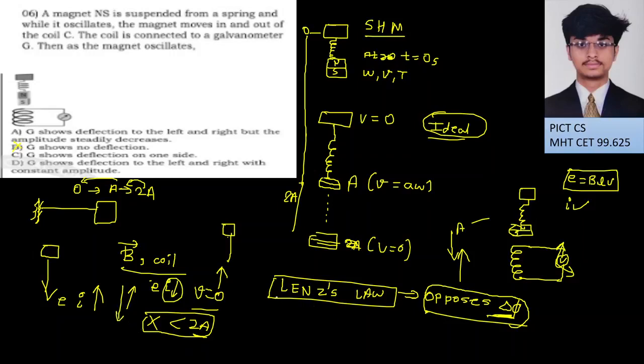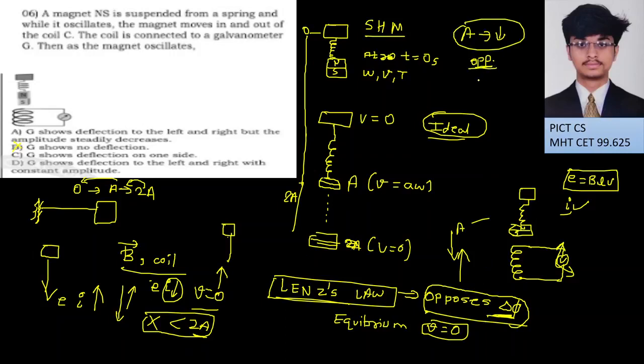Basically, Lenz's law says it doesn't want any change in flux, it wants the system to be in equilibrium. As soon as the velocity becomes zero, there will be no change in flux, no EMF induced, and no current induced. So this is what the question states. We clearly saw that the amplitude is getting decreased due to opposition.